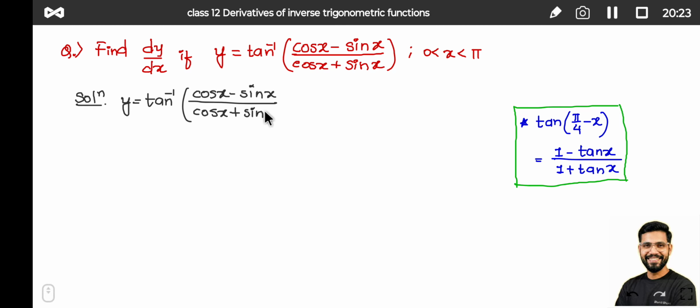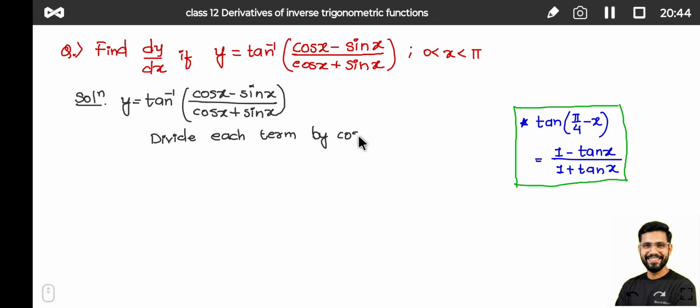So remember that whenever you are getting inside the bracket cos minus sine upon cos plus sine, the first thing you can do is divide each term inside the bracket by cos x.